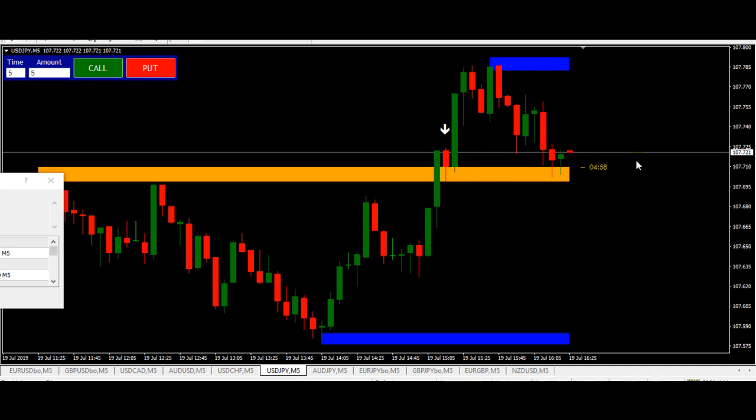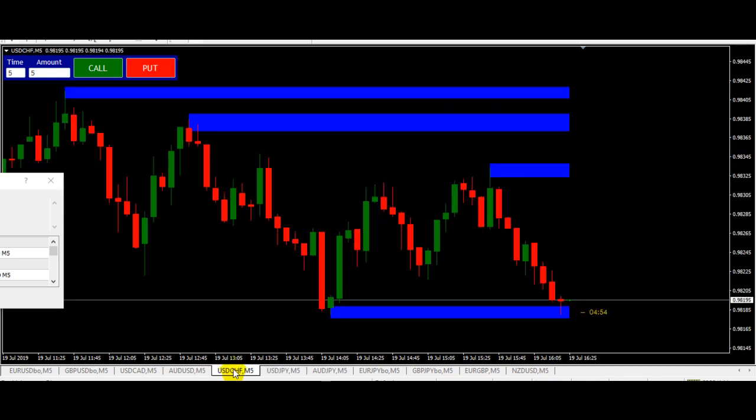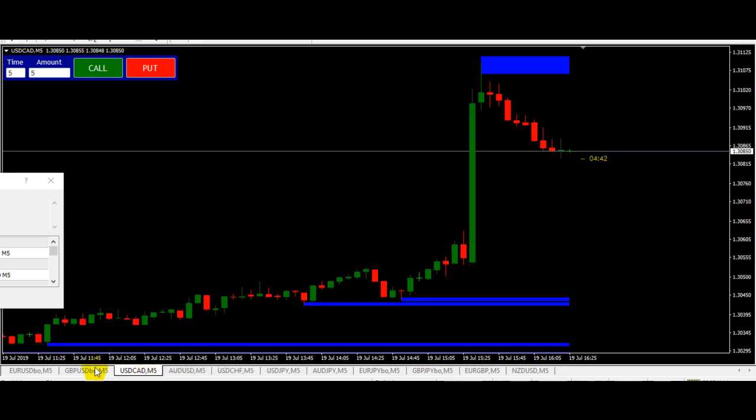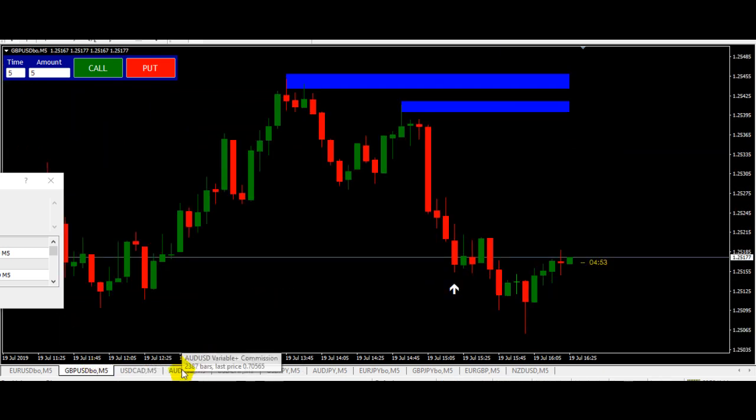Here, you see, it actually acted as a support. Here is actually a support, and we know. So, as it is, there is nothing you want to do. Just calm down and relax and wait for the perfect formation.